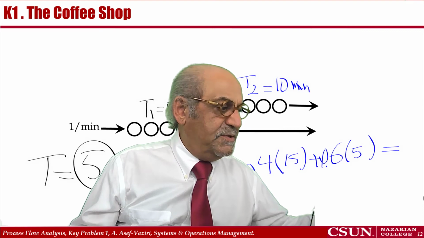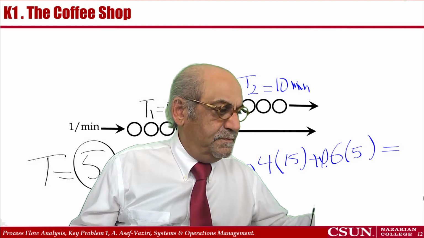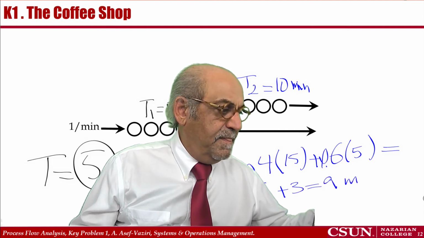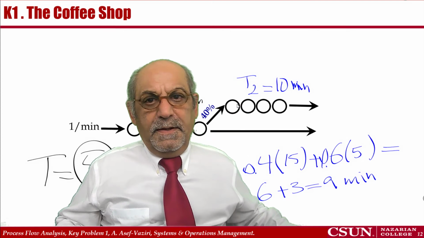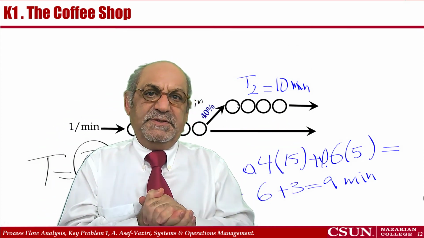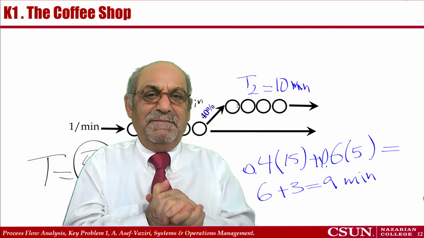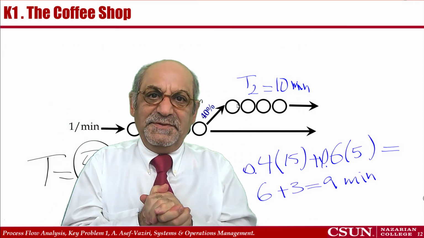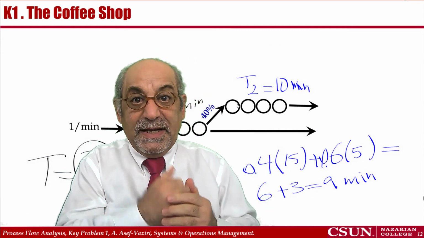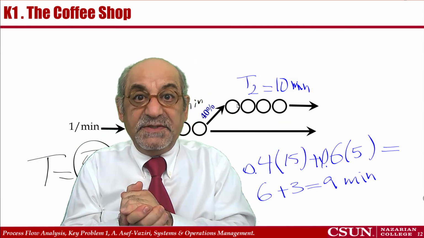That is equal to 6 plus 3, equal to 9. Therefore, an average customer will be in this coffee shop for 9 minutes. It is a mixture of those people who get black coffee and those who get exotic coffee.